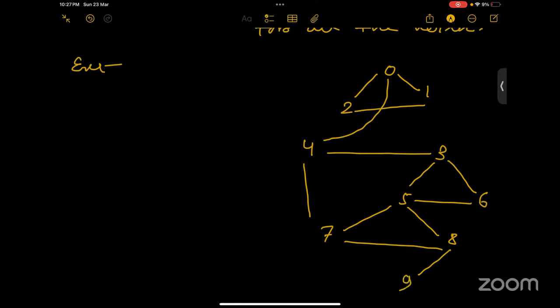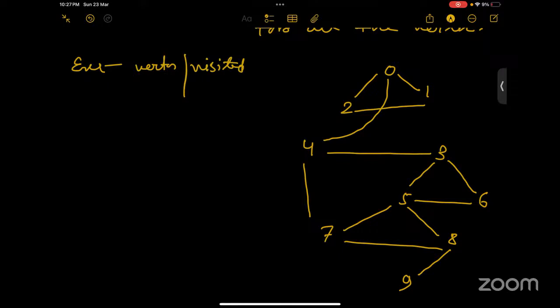For this type of thing, we will basically use this process. The first step is to initialize. We know that in the initial stage, all the visited vertices will be false.